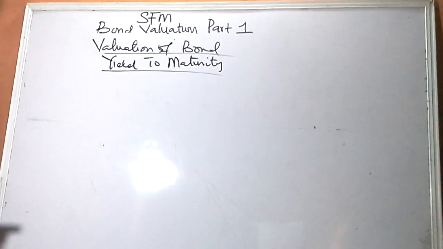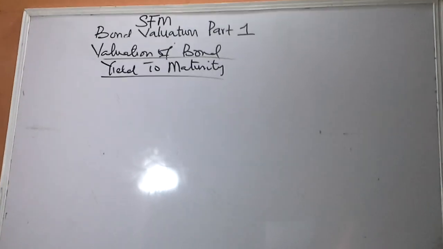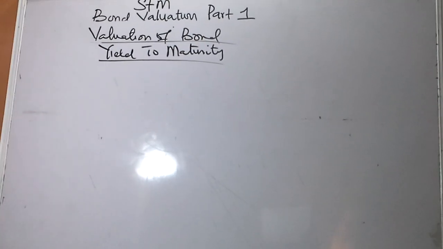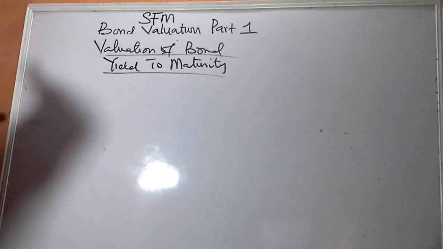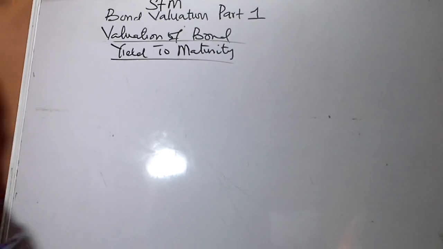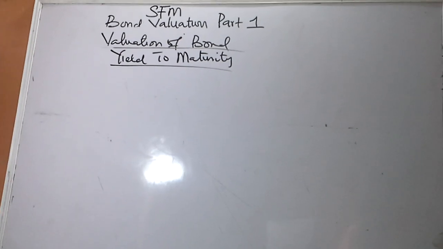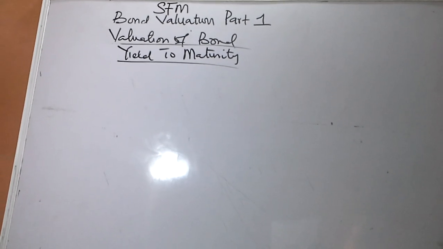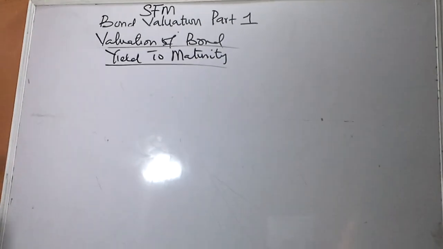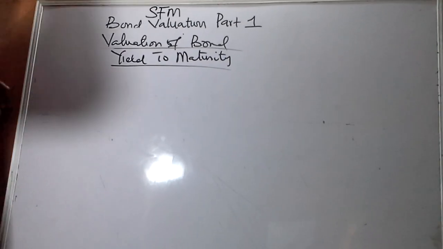In this case, it is very clear. Yield to maturity. Now, yield to maturity is the returns that the bondholder expects to receive from their investment on the bond. As well, it also represents the cost to the company that issues the bond.